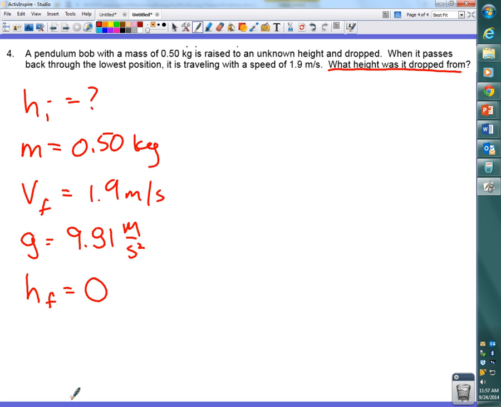Yeah. Okay. All right. We raised up the pendulum and we let it go. Right when we let it go, what's it doing? Is it moving right before we let it go? If we're just holding it there, it's not moving, right? So what was the initial velocity of this pendulum?